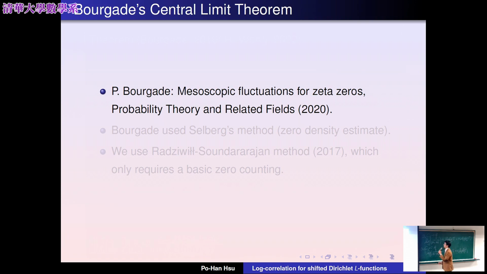Moreover, this is the topic of Bogart's paper, mesoscopic fluctuation for zeta zeros. When we finished our work, we used keywords like central limit theorem, correlation, to search, but nothing showed up.